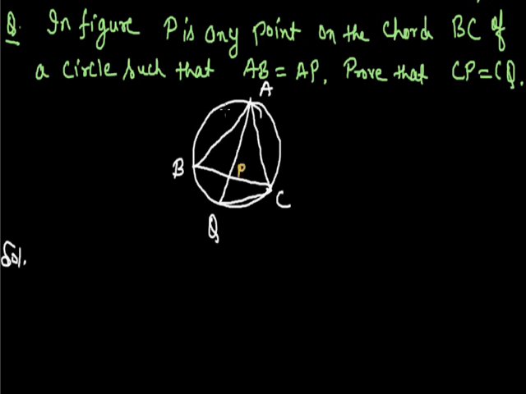Now it is given that AB equal to AP. Therefore, angle ABP is equal to angle APB, because AB equal to AP.